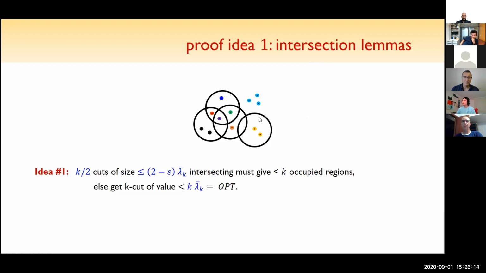In other words, if you view the Venn diagram of any k over 2 of these sets, they can only intersect to give at most k occupied regions. Why is that? That's because otherwise we will get a k cut of value at most k times lambda k bar by just taking the union of all the cuts. They'll give us k regions, and that's exactly a k cut. And we only have k over 2 of these cuts. So we multiply this by the size of each cut, and we get less than half.